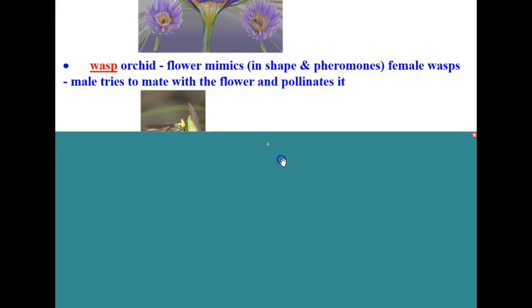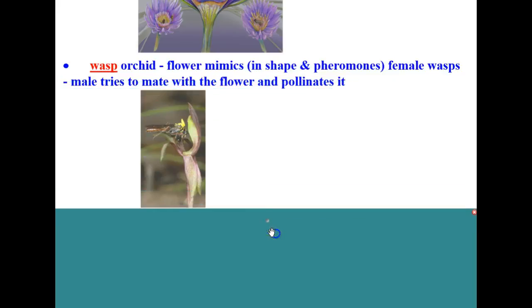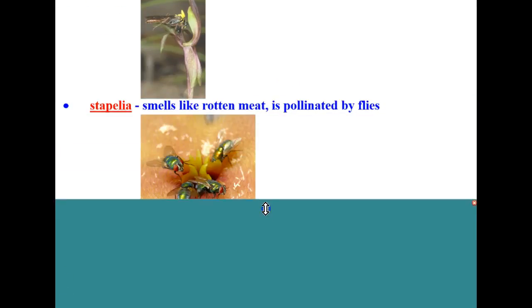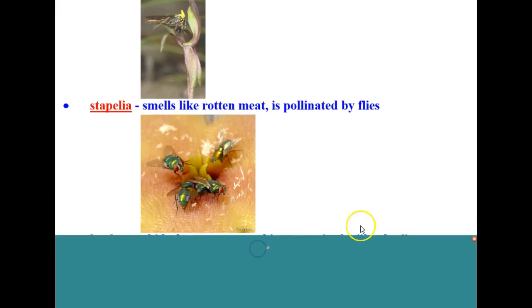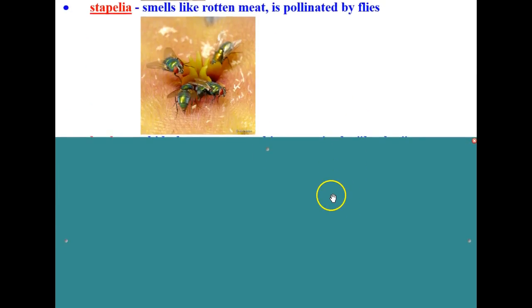How about the wasp orchid? The wasp orchid flower mimics in shape and pheromones female wasps. Males try to mate with the flower, and in doing so pollinate the flower. We also have the Stapelia, which smells like rotten meat and is pollinated by flies.